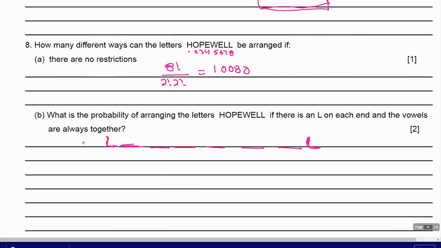How many are in the middle? All right, now, what letters are not L's? Now we got to arrange those. We got to arrange them so the vowels are all together, right?